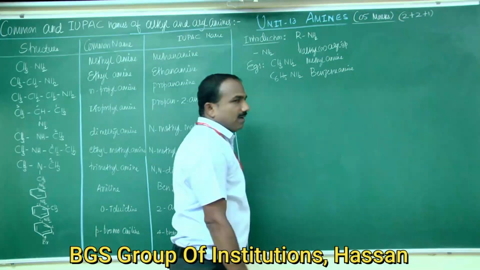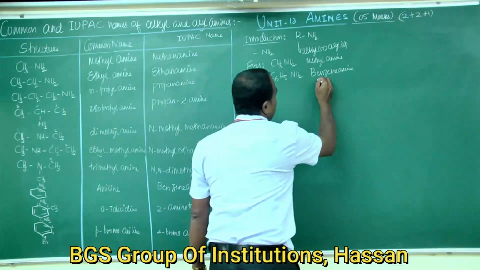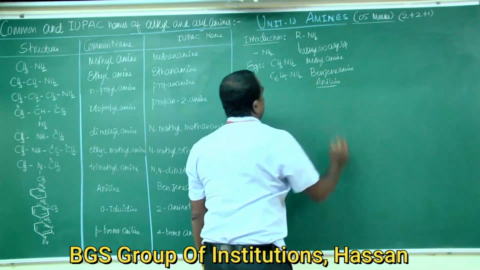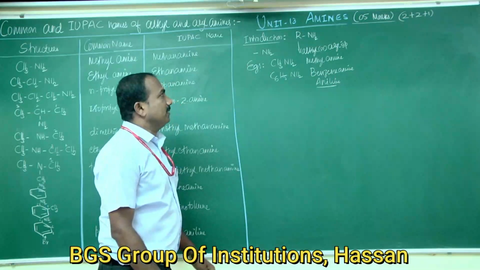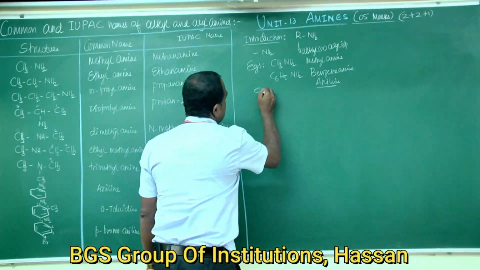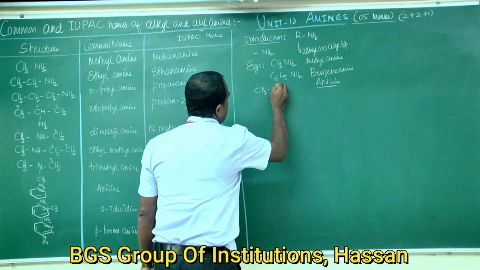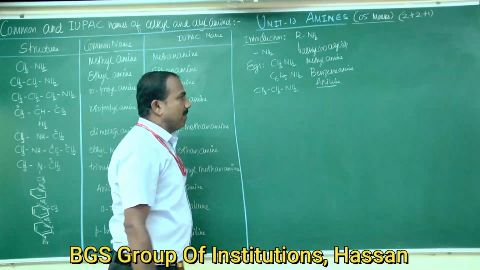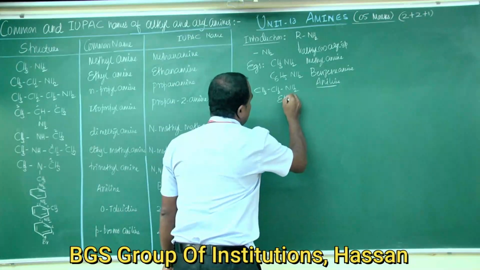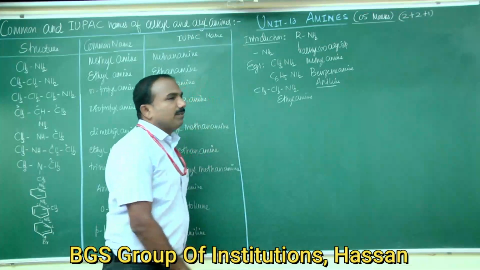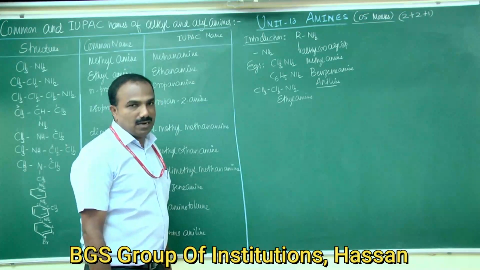Our popular name for benzenamine is aniline. If you give R as an ethyl group, CH3CH2NH2, this is ethylamine. So these are some of the examples for amines.